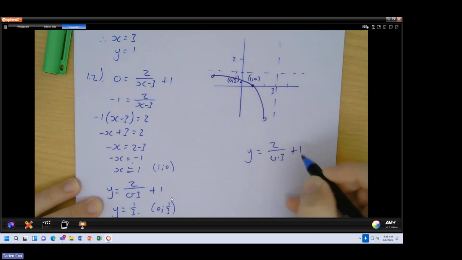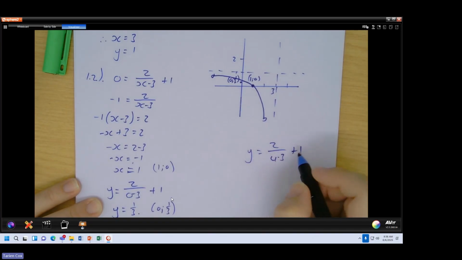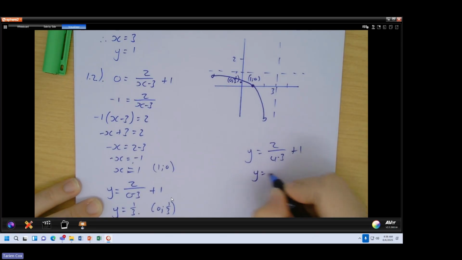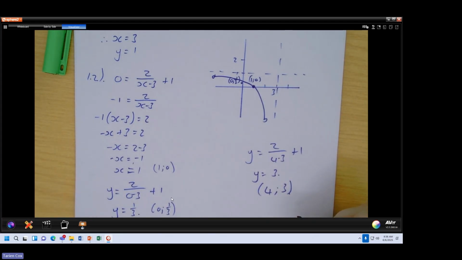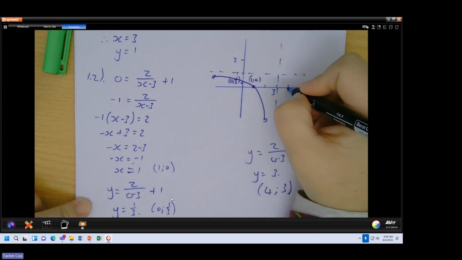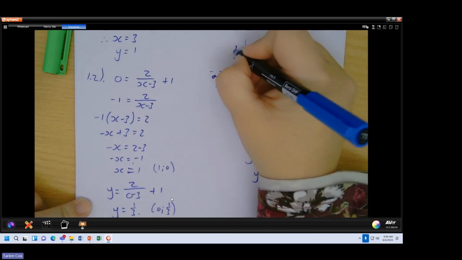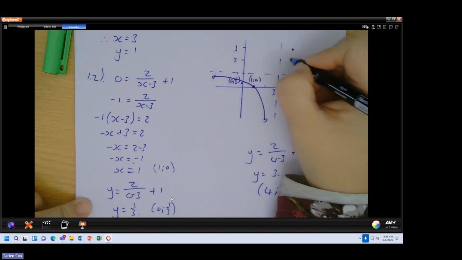So 2 over 4 minus 3 plus 1. You don't even need to show me how you calculate it. 4 minus 3 is 1. So 2 over 1 is 2. 2 plus 1 gives me 3, which means I've got x is 4 and y is 3. So if I go to 4, and then I need to go up to 3. 4 and 3.